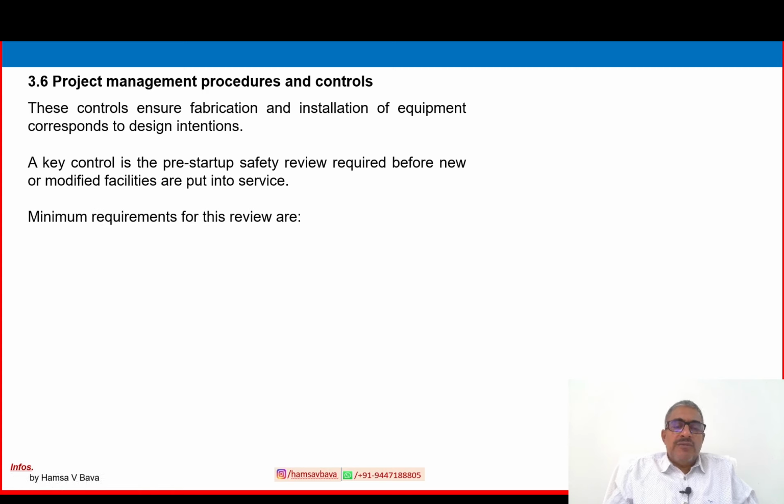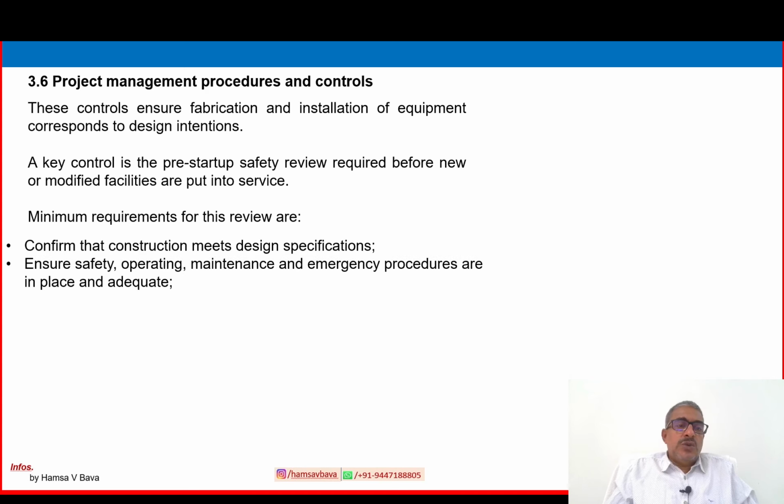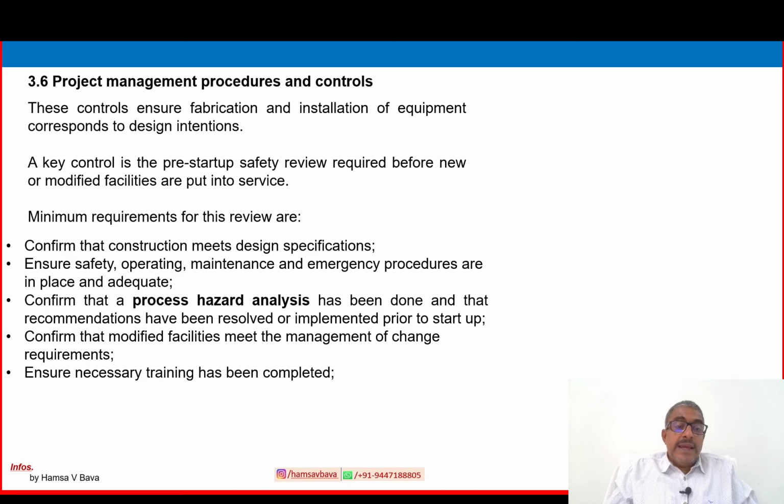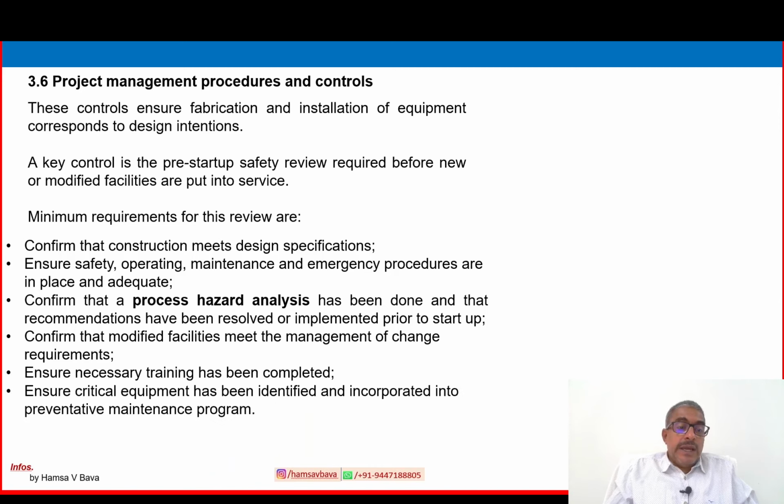Minimum requirements for this review are: confirmation that construction meets design specification; ensure safety, operating, maintenance and emergency procedures are in place and adequate; confirm that a process hazard analysis has been done and that recommendations have been resolved and implemented prior to startup; confirm that modified facilities meet the management of change requirements; ensure necessary training has been completed; ensure critical equipment has been identified and incorporated into the preventive maintenance program.